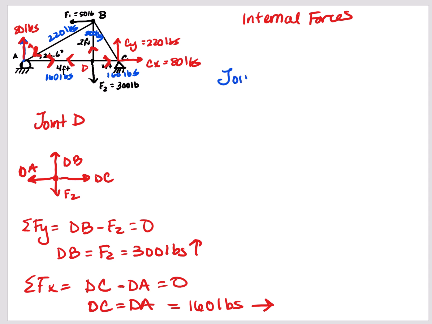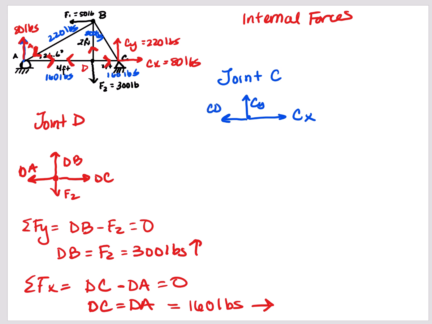So I'm going to draw my free body diagram for joint C. I already know CY is going up because we solved it. I know my CX is going to the right because I already solved that. And then I also know that CD has to go to the left. Why?